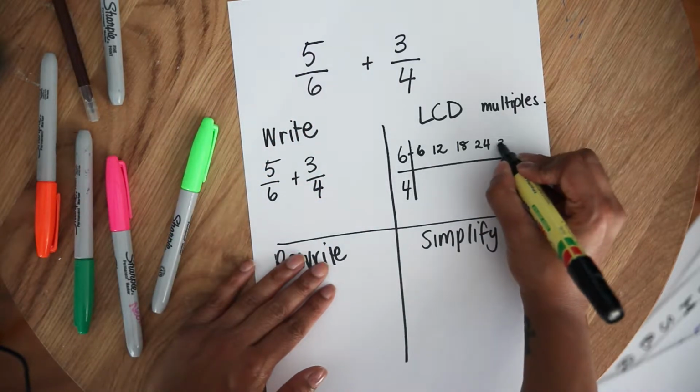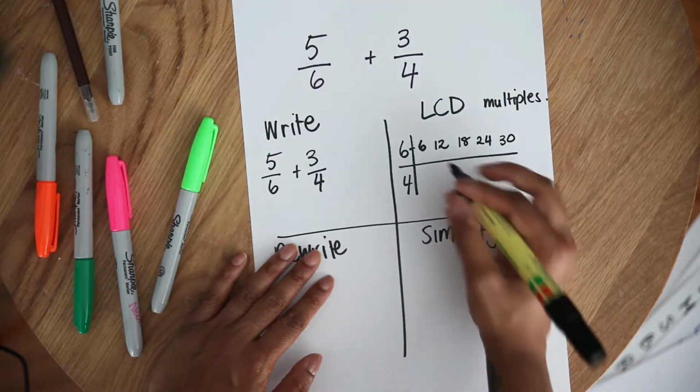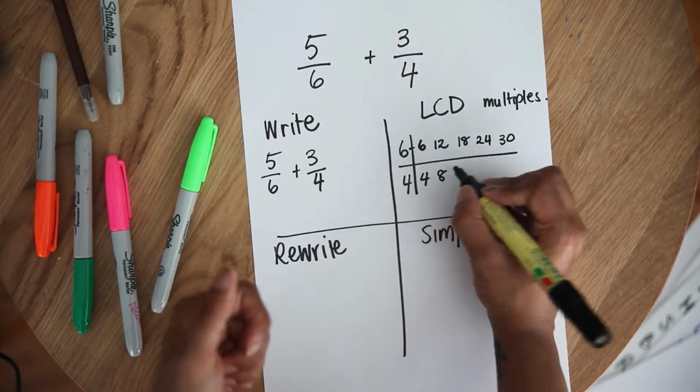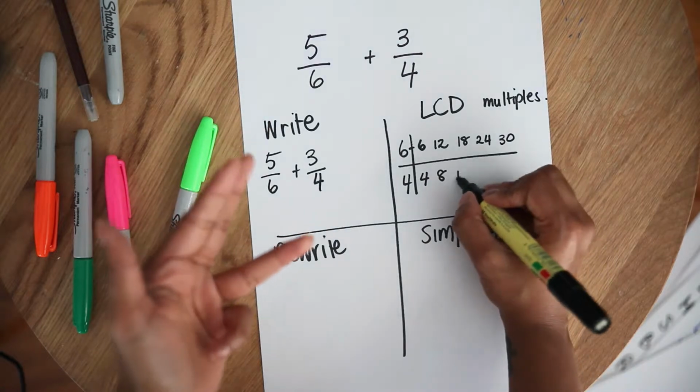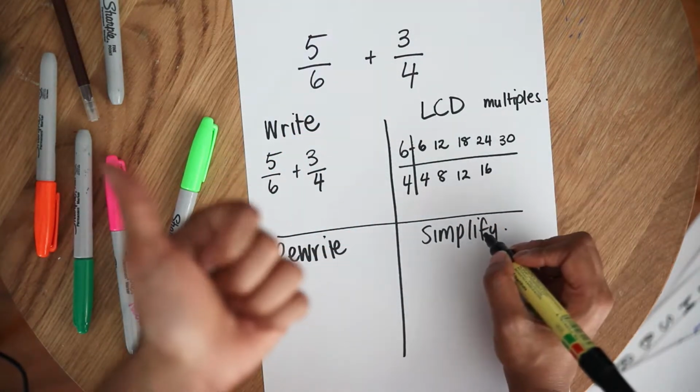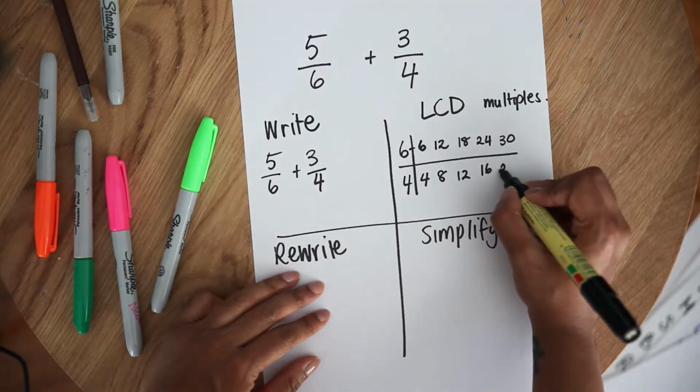You can stop there. Let's do our 4s: 4, 8, 12, 16, 20.